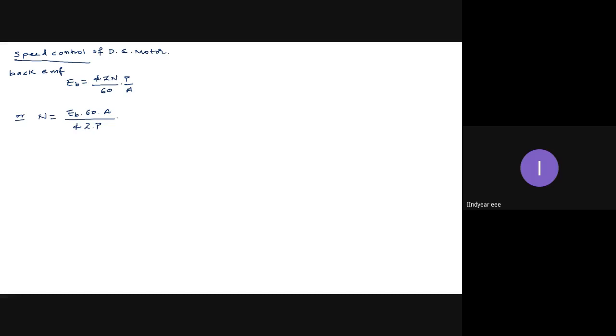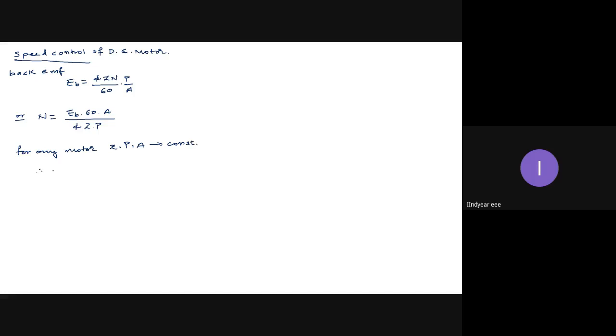So this is the speed, and for any given motor operating at a constant voltage, generally we operate motors at constant input voltages. But once the machine is constructed, for any motor, Z, P, A are constants. 60 is already a constant.